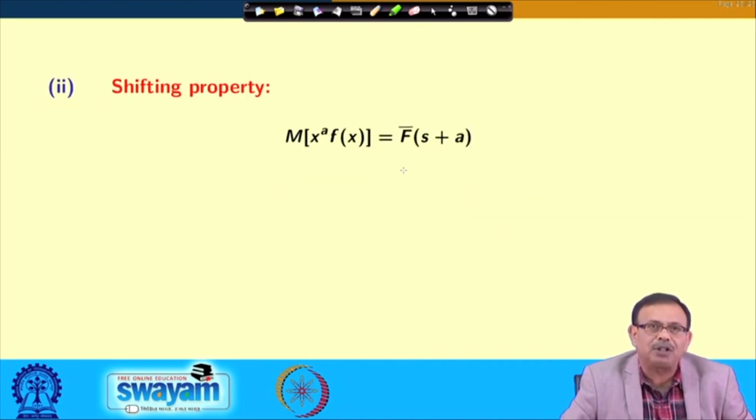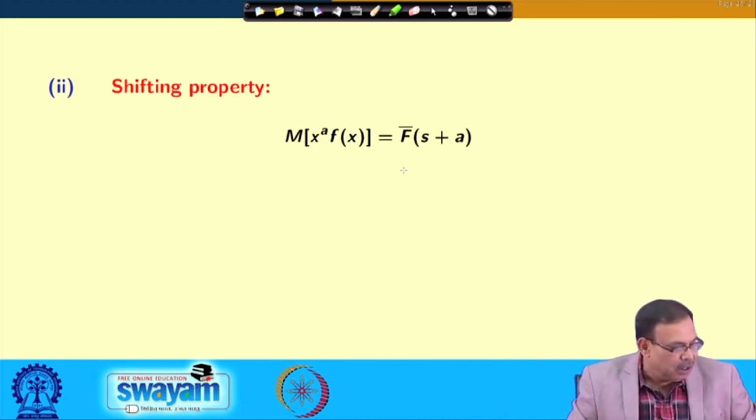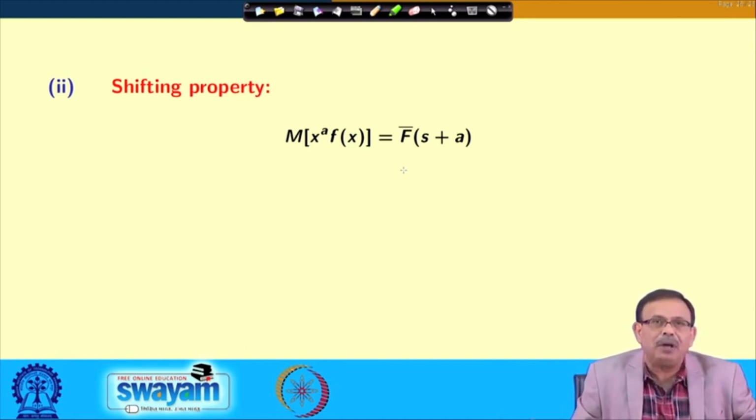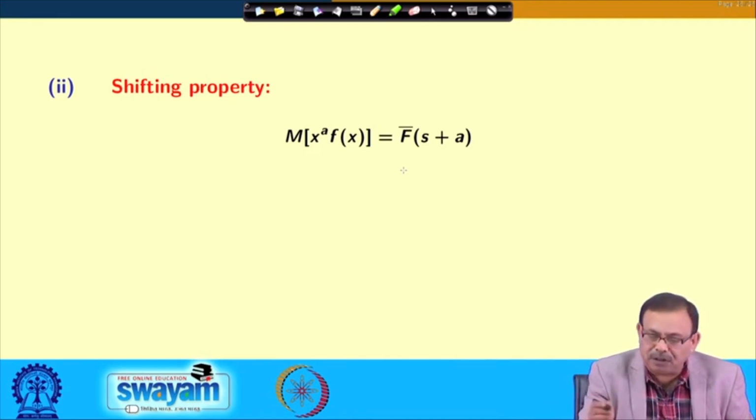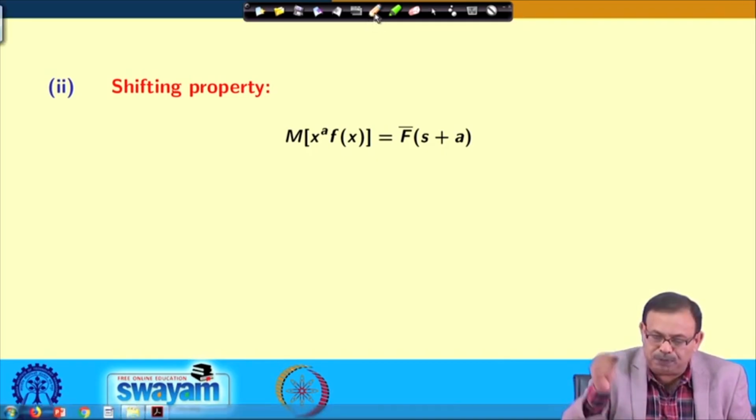The next property we call the shifting property. That is, the Mellin transform of x to the power a f(x), whenever you are shifting in the x direction, equals F bar(s plus a). Let us see the proof of this.